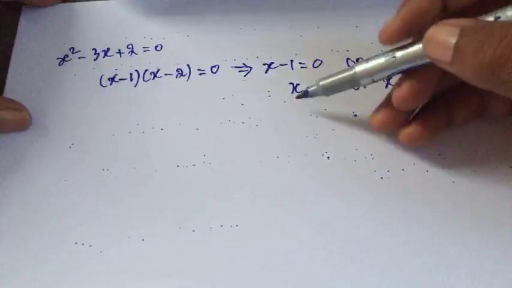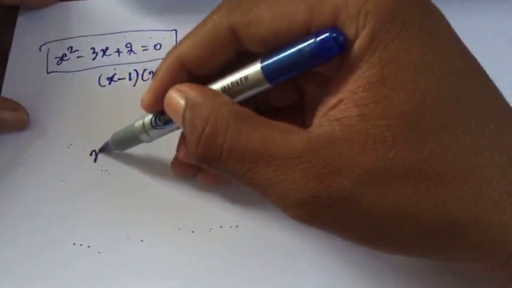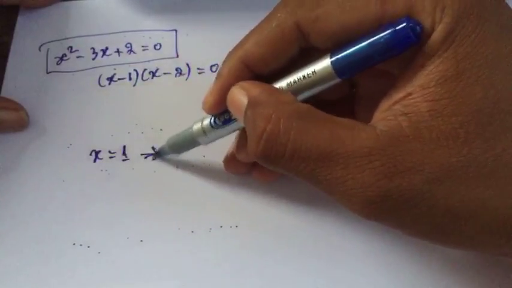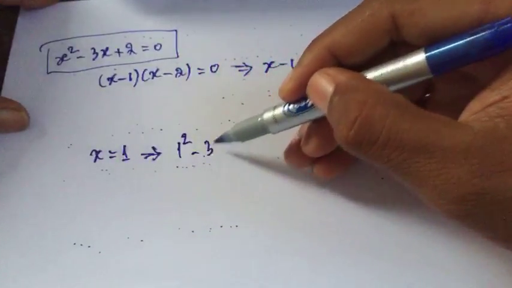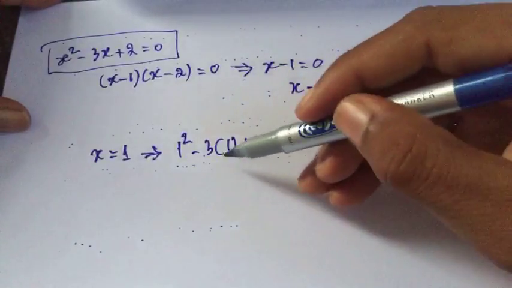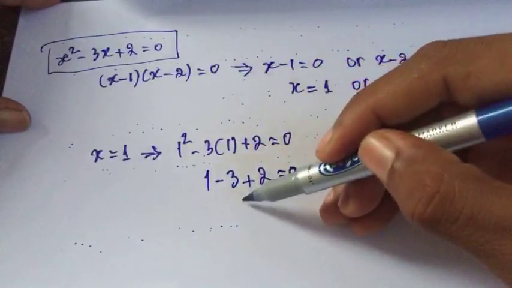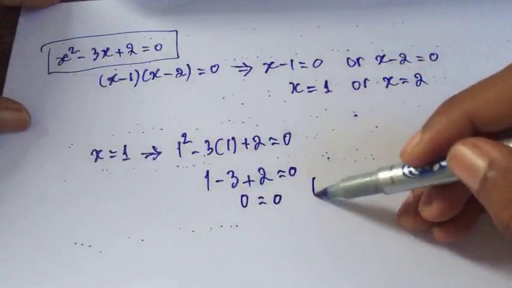If x equal to 1, it implies that 1 squared minus 3 times 1 plus 2 equal to 0. True or false? 1 minus 3 plus 2 equal to 0, and it is 0 equal to 0. It is true.